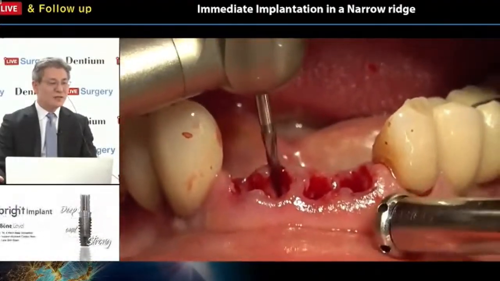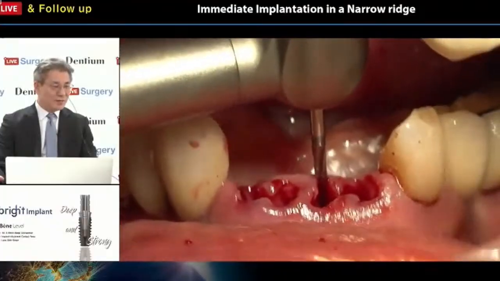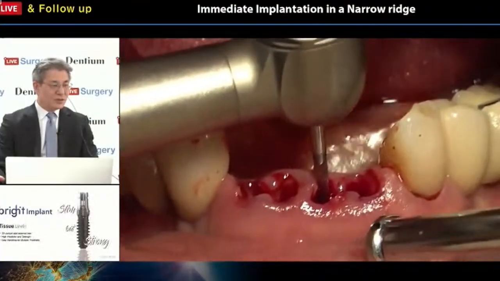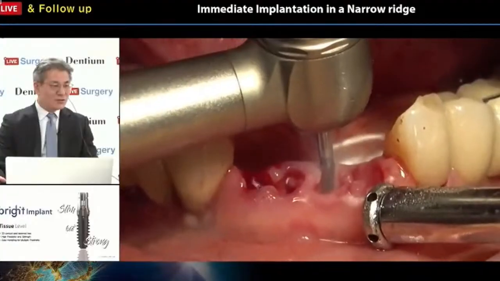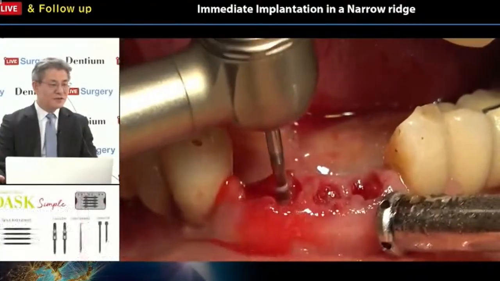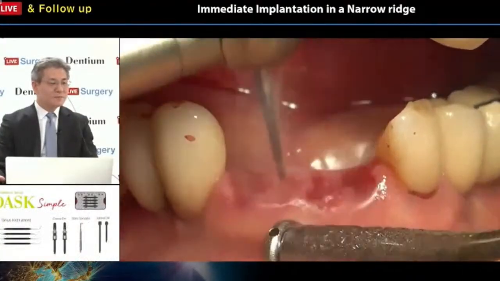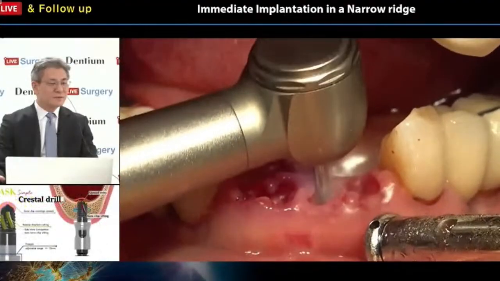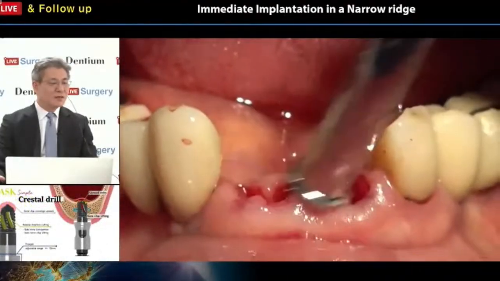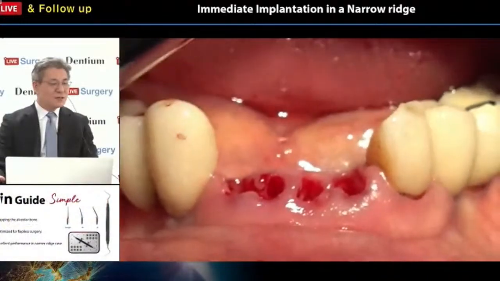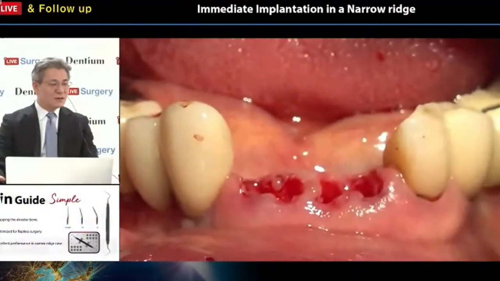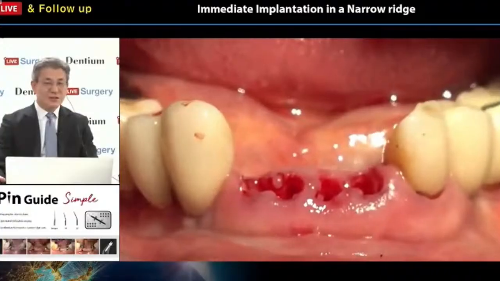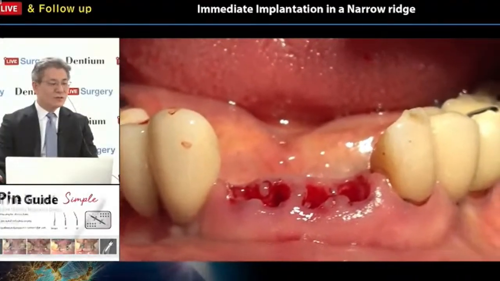So, starting the drill, Dr. Chung is using this high-speed Fisher bar. This high-speed Fisher bar is a good point for initiation.